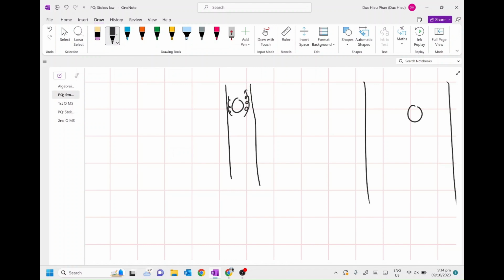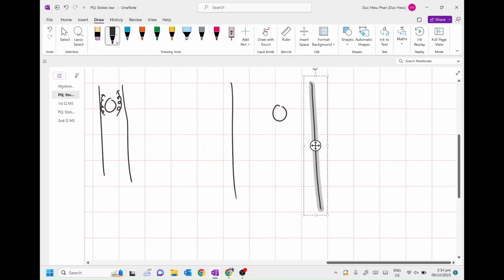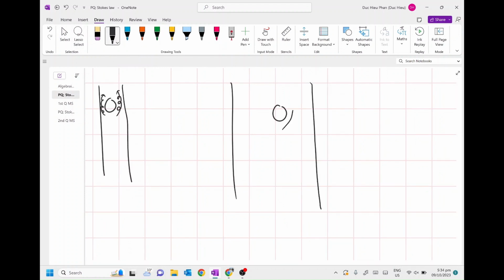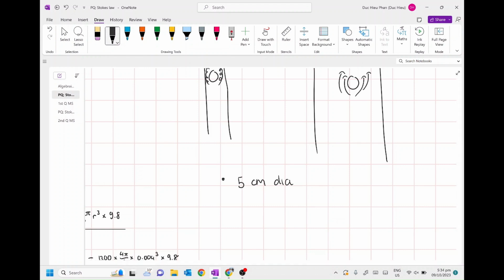As it displaces the fluid as it goes down, there's not much space for the fluid to move. Well, in here, the fluid has a better chance to move out of the way of the ball, and so actually doesn't stop or drag the ball down that much. And so what we want to state is that we want to use the 5 centimeter diameter cylinder.